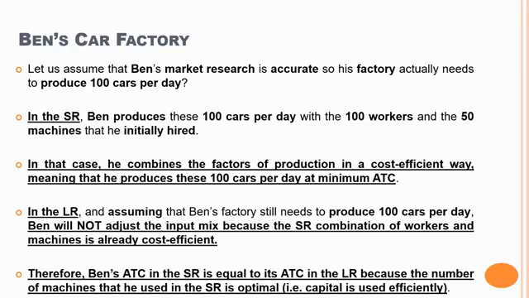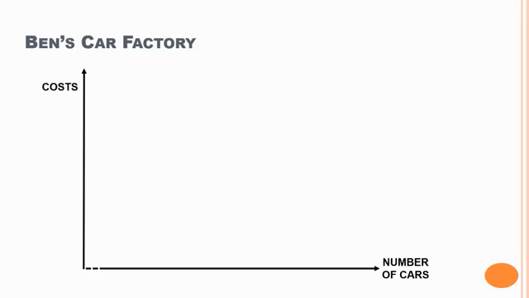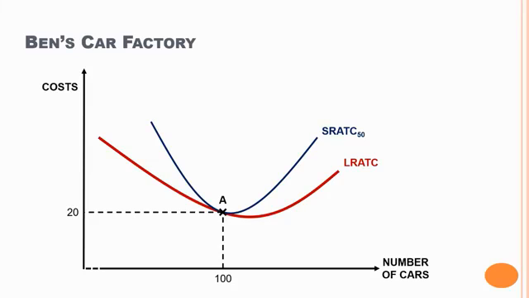All right, so the ATC in the short run is equal to the ATC in the long run, because the number of machines that he used in the short run is optimal. Capital is used efficiently. Let's try to see what happens on a diagram. On the horizontal axis, I have the number of cars, and on the vertical axis, I have the short run and long run ATC. So the number of cars that we initially planned, or what we anticipated to produce, was 100. What we actually produce is also 100.